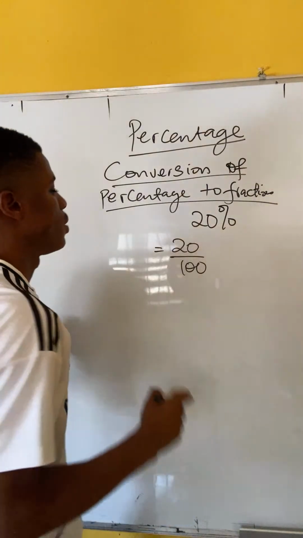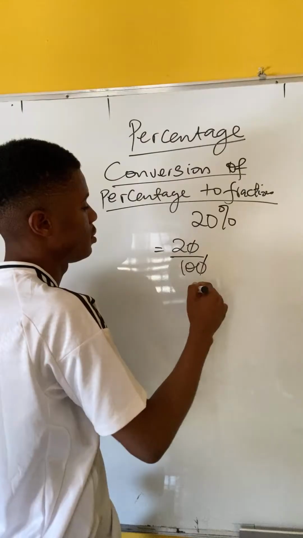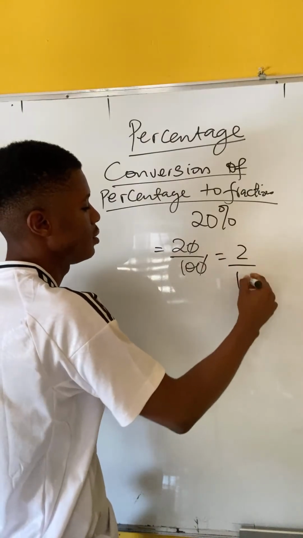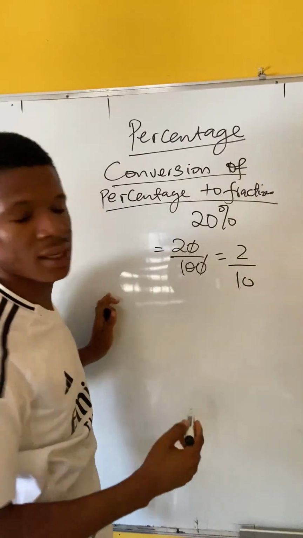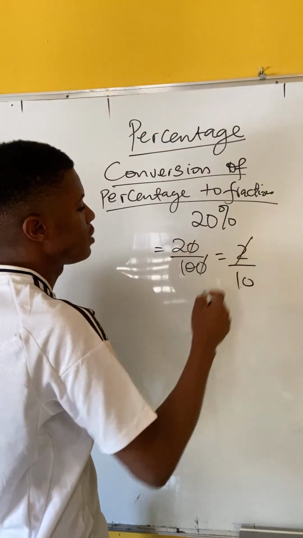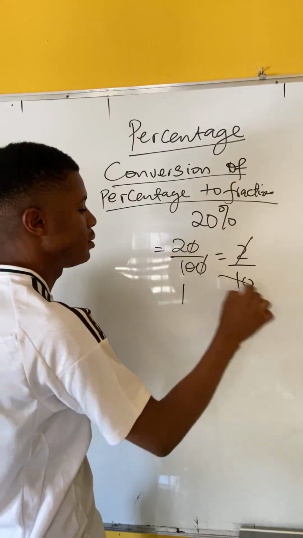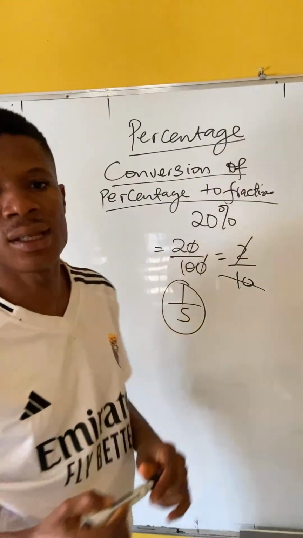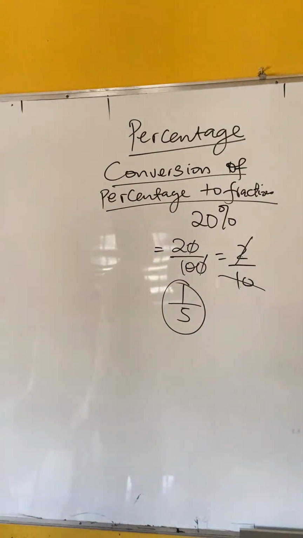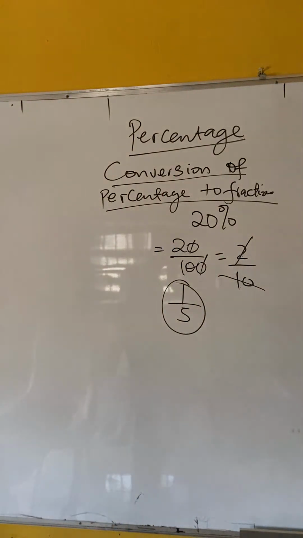Here we'll just cancel zeros and we are left with 2 over 10. You can see that 2 can divide 2 and also 10. When 2 divides 2, you have 1. 2 divides 10, you have 5. So 20% is the same thing as 1 over 5.